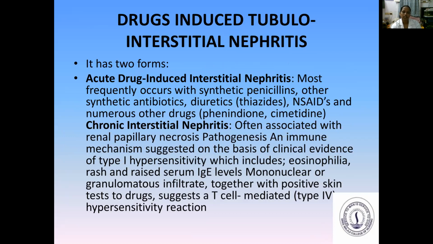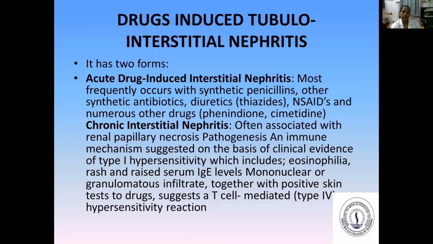So next is drug-induced tubulointerstitial nephritis. It has two forms. Acute drug-induced interstitial nephritis most frequently occurs with synthetic penicillins, other synthetic antibiotics, thiazide-like diuretics, or non-steroidal anti-inflammatory drugs, and numerous other drugs like phenindione and cimetidine.